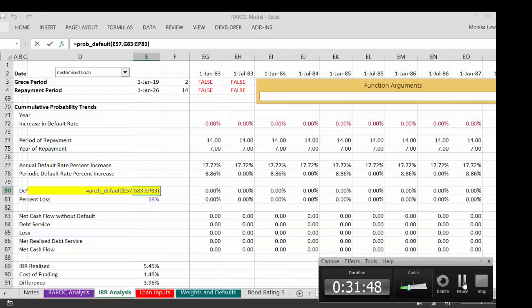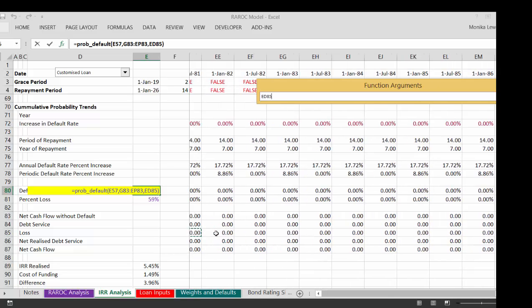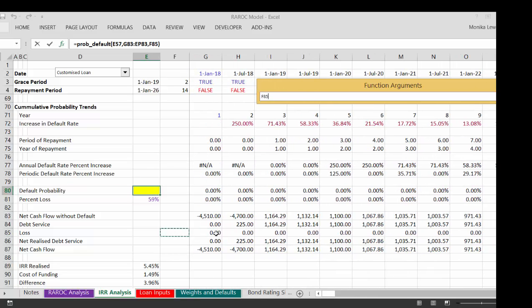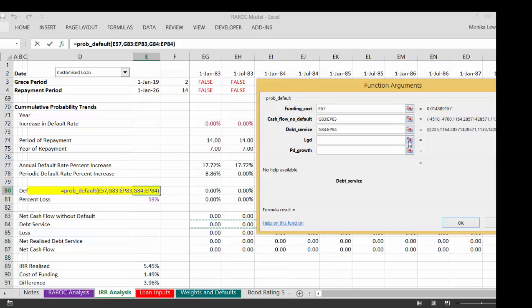Okay, and then we put the debt service next. And the LGD is just a single input.